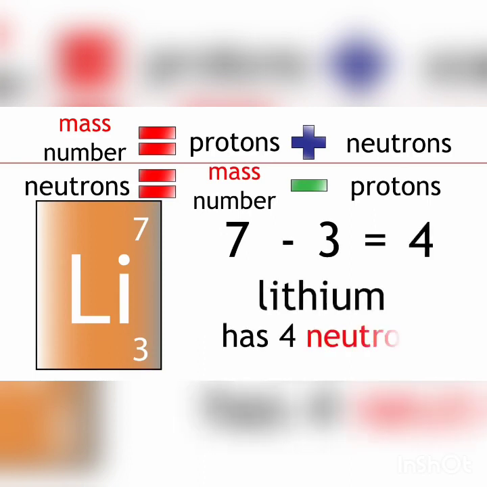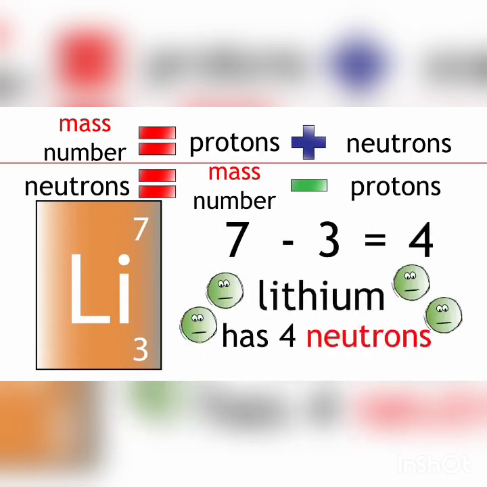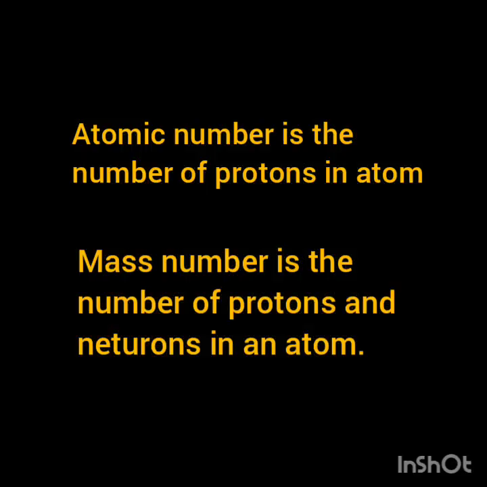Neutrons equals 7 minus 3, which equals 4. Lithium therefore has 4 neutrons. Atomic number is the number of protons in an atom and mass number is the number of protons and neutrons in an atom.